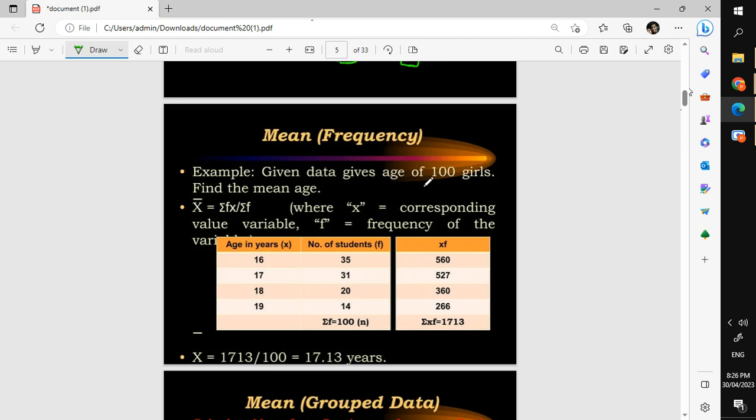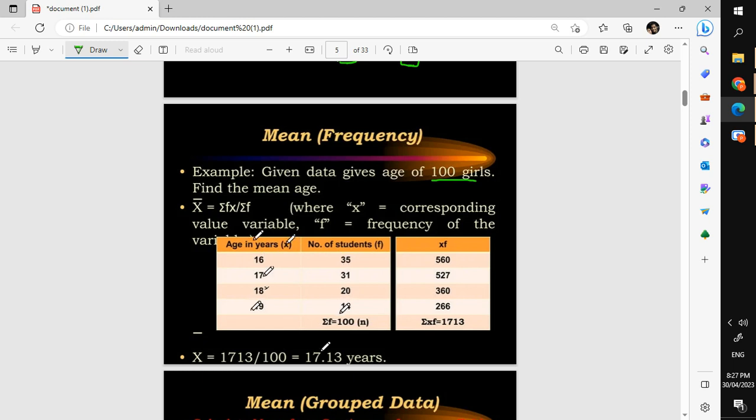For example, you have the ages of 100 girls. Find the mean age, or the expected age, the average age. When we say mean, it is sometimes called the average or the expected value. So we use this formula and then we have the table. The first column is the age of the girls, or the variable x, with its corresponding values.